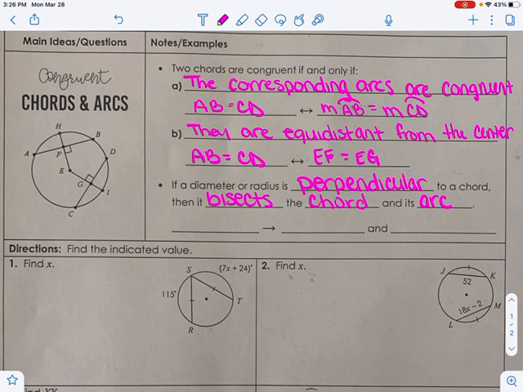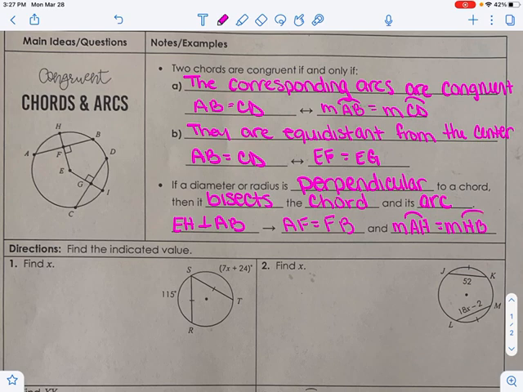So if EH is perpendicular with AB, then AF equals FB, and the measure of arc AH would equal the measure of arc HB.